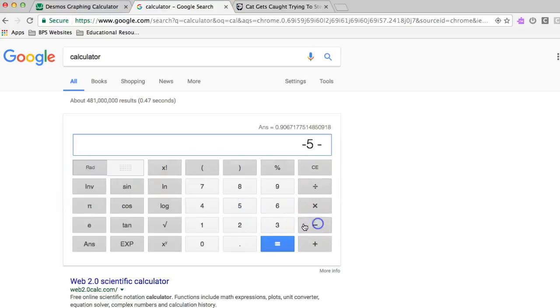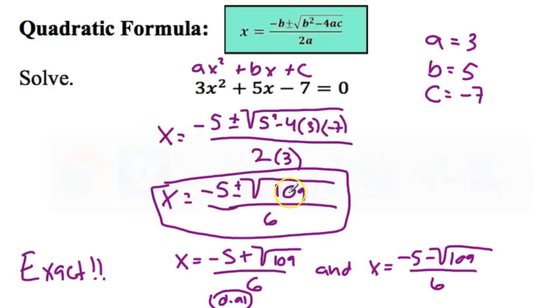Negative 5 minus square root of 109 equals, and I divided this by 6, negative 2.57. All right, so this one's negative 2.57. And again, this is rounded, it's not exact, but these are what these two answers are. If I go to the graph, I hope the x-intercepts are these two numbers. Let's check that graph.